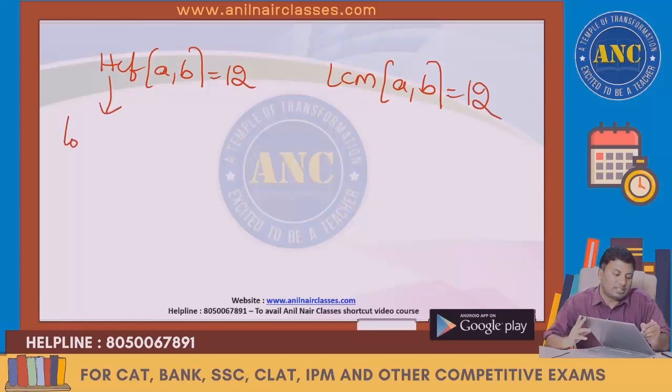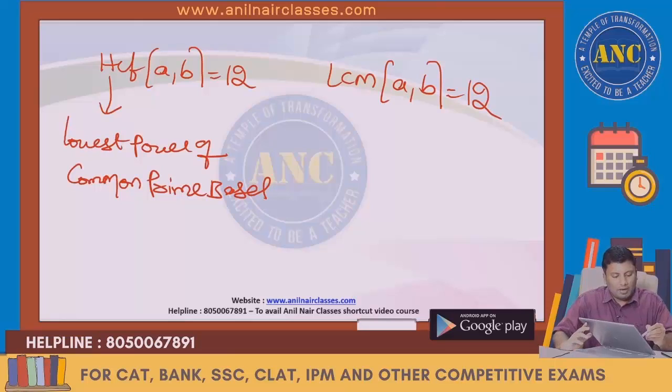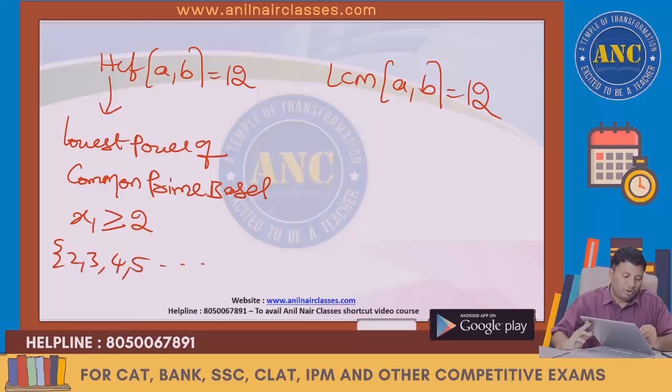HCF always takes the lowest power of the common prime bases. So x1 is greater than or equivalent to 2. It can go up to 2, 3, 4, 5, and so on up to infinite.